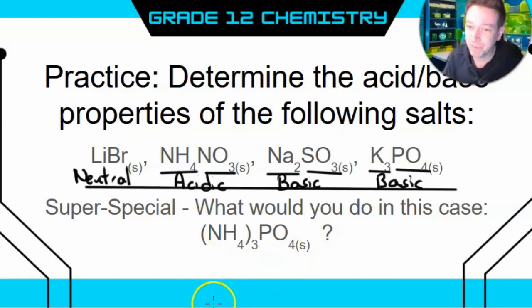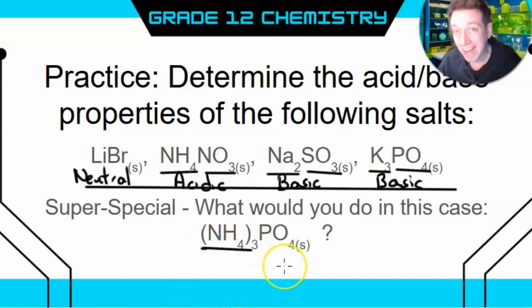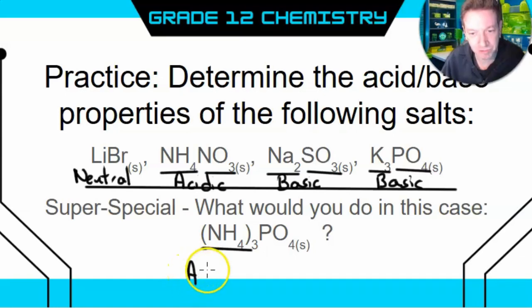What happens if they're both weak? Let's look at this very special case. So ammonium is the cation of a weak base, and so it produces a conjugate acid, making it acidic, right?